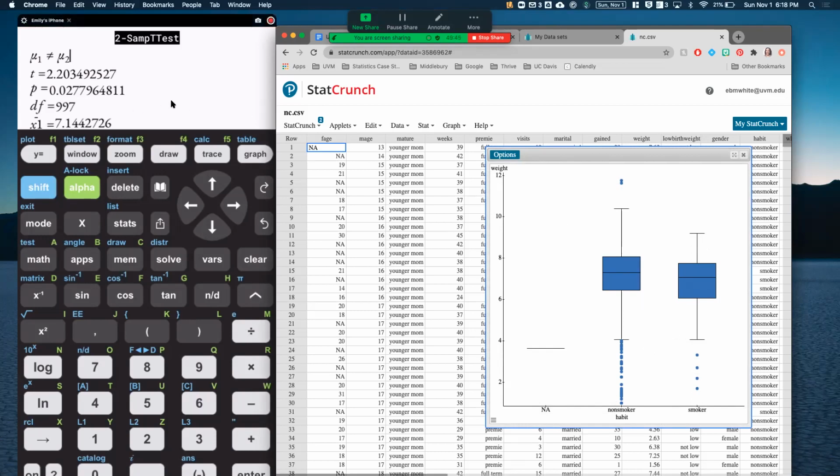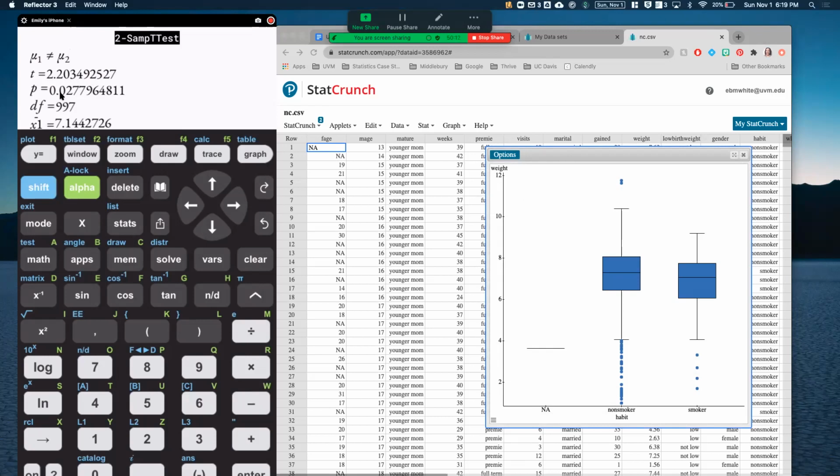Okay. So that allows you to conduct the hypothesis test and get the p-value and everything that you needed. If you wanted to also get a confidence interval, right? This is showing us that there's significant evidence of what's going on at the 95% level of confidence. If you wanted to specify how different they are in terms of their weight, that's when we would get a confidence interval.